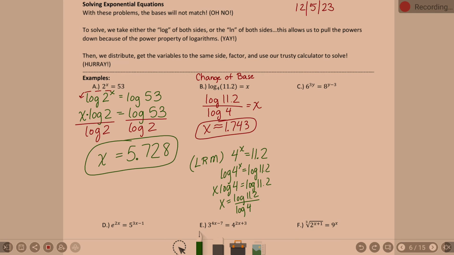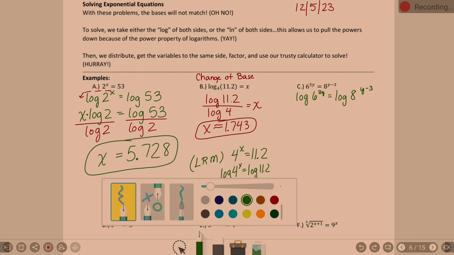We're going to take the log of both sides. So log of 6 to the 3y equals log of 8 to the y minus 3. Okay, now what? Put them on the outside. Take 3y and write it up. I'm assuming we're talking about moving these powers out front, yes?